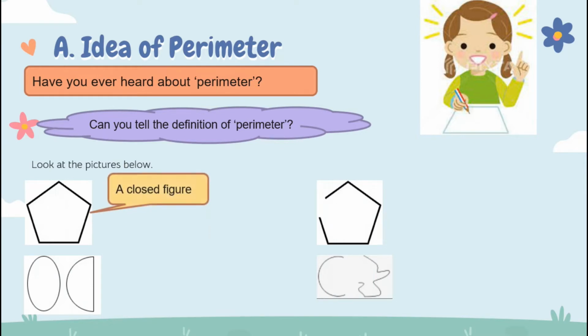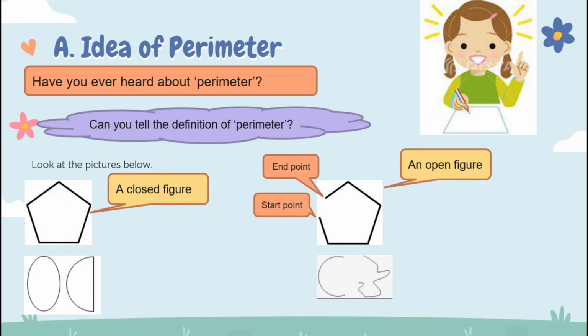One of the first group is a closed figure, and this one an open figure. An open figure, the start point and end point are not meeting.